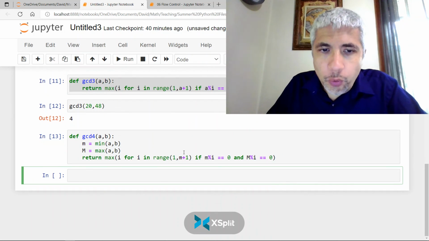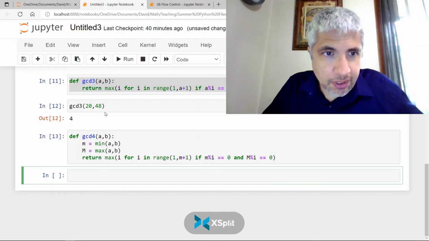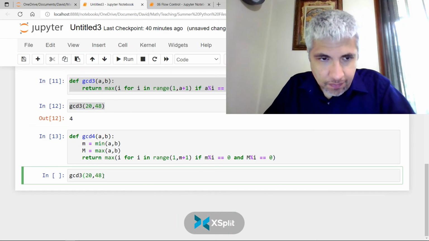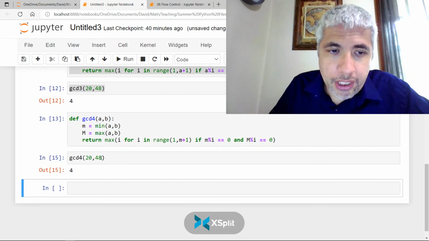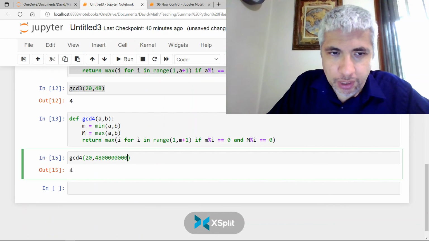And now it'll always be running through the smaller of the two numbers. Except I want to test out GCD4. This is really good if you have something really big like that.